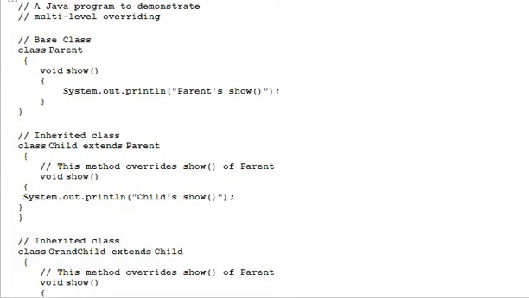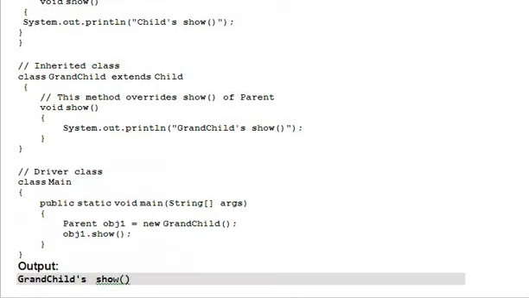We have method show here, and this method overrides the show method of Parent. And the show method in class GrandChild overrides show of Parent. Now look at the object creation. Parent obj1 is equal to new GrandChild, obj1.show. So you get the output GrandChild's show.